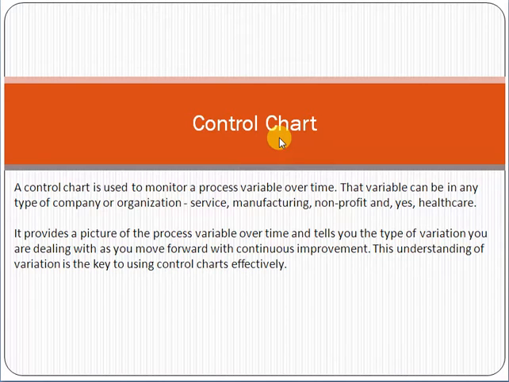Okay friends, remember one thing: a control chart is simply a graph in which we draw the data using graphical representation, and we analyze any specific variable in a process.